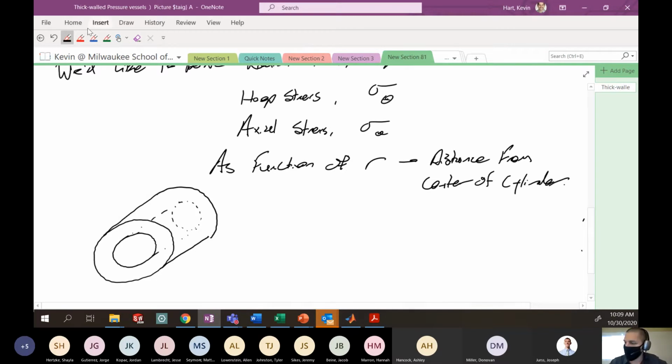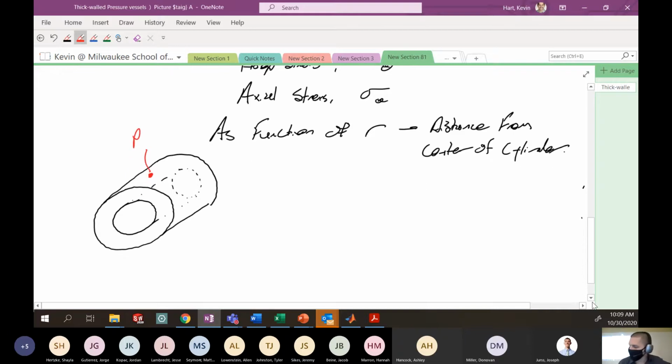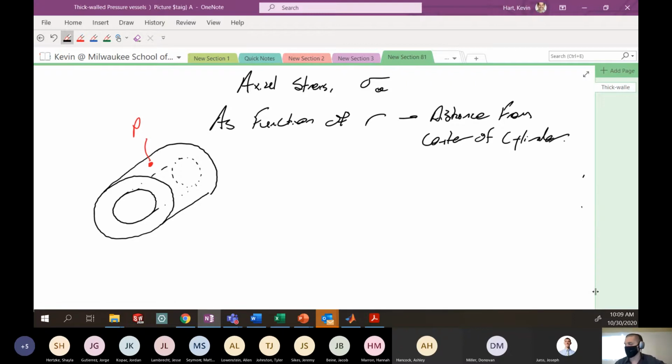Okay, and I have some arbitrary point inside of my cross section. Let's say I have this point here that's point P, some point of interest. I could draw the 3-dimensional element at point P, what that might look like.